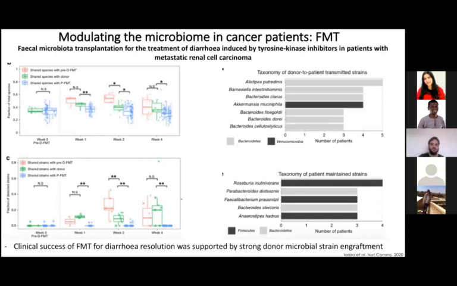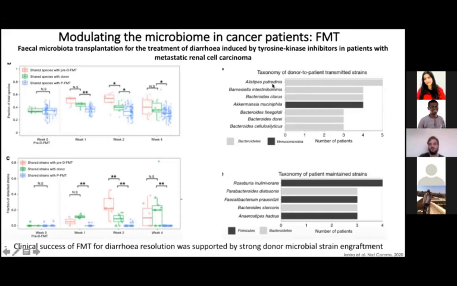Here you can see in these graphs, for example, that before FMT there was no difference between how many shared strains you had with yourself before receiving FMT versus how many shared strains you had with the donor recipient. And basically we see that there was a significant fraction of shared strains with donors even 4 weeks after treatment with the FMT.